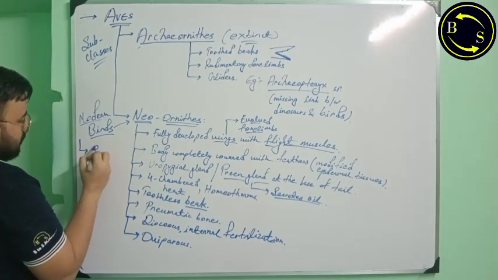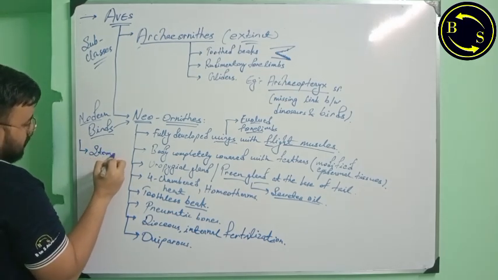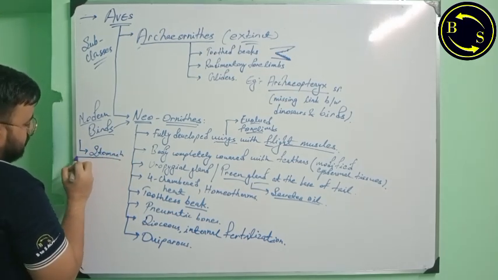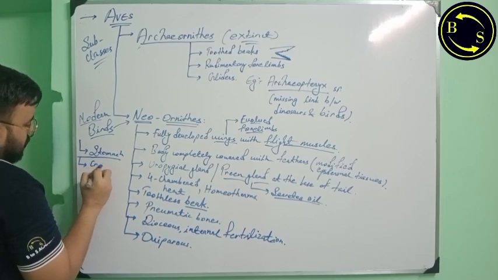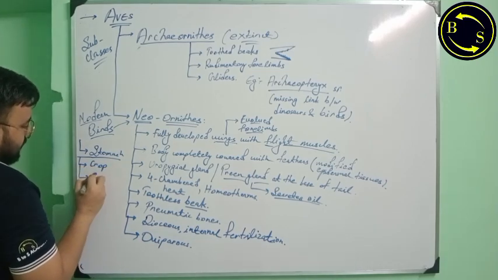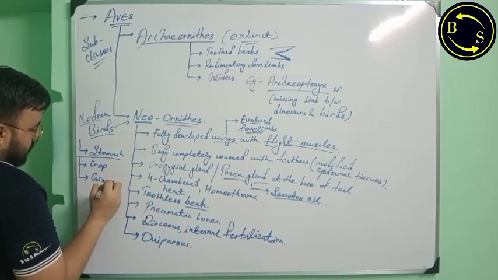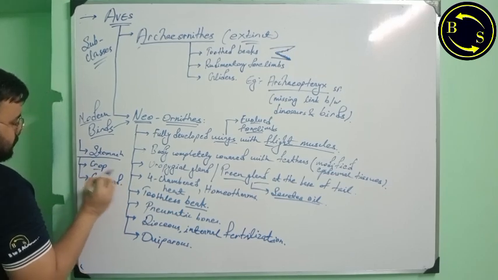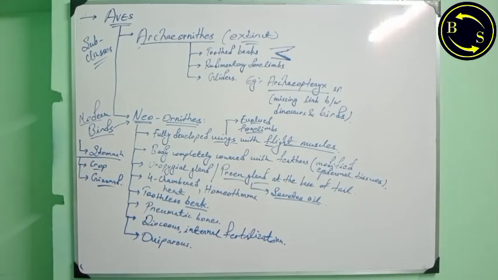Also, modern birds have another feature. Their stomach has two chambers known as crop and gizzard. Now, what they do when they have chicks or young ones to look after, they eat food.